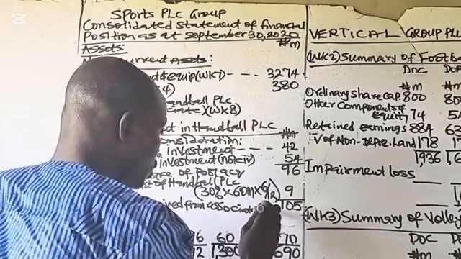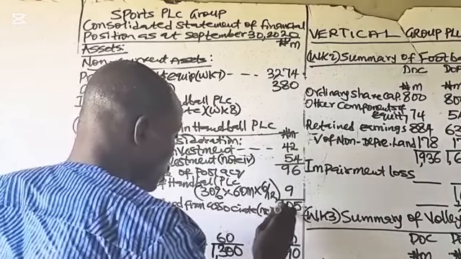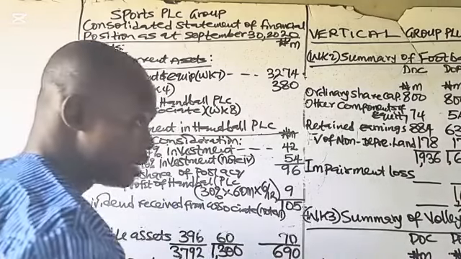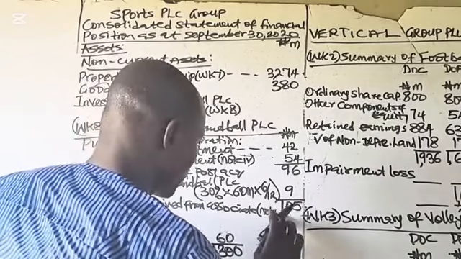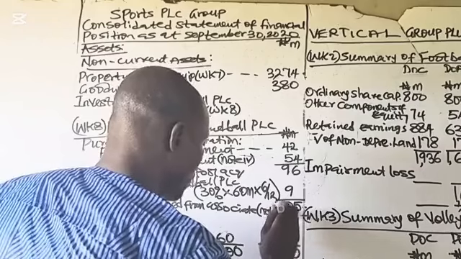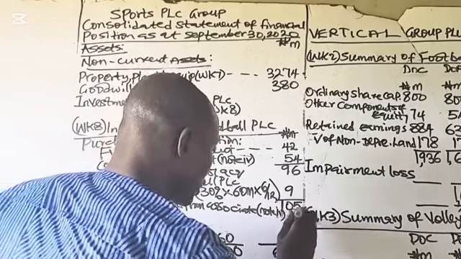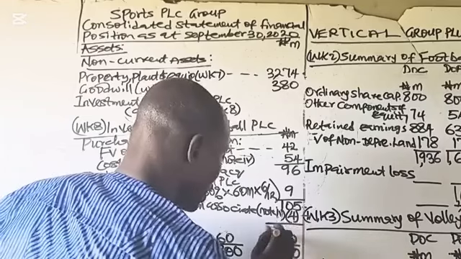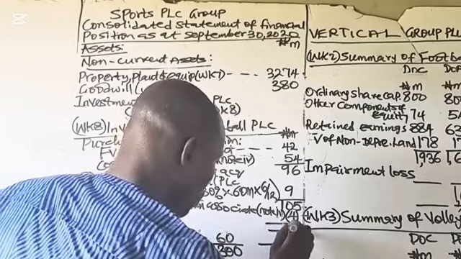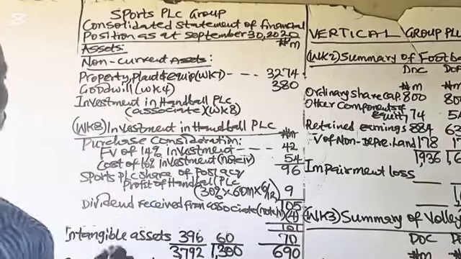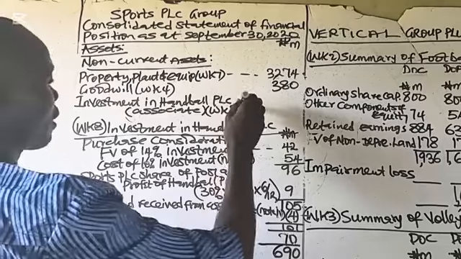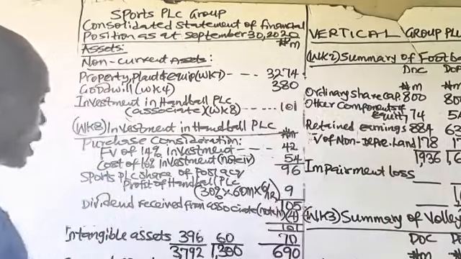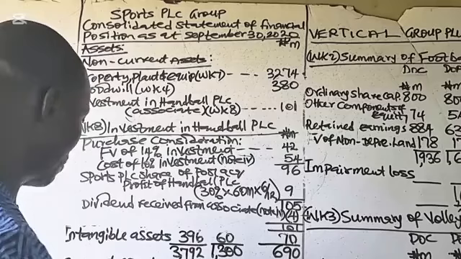That is additional information 4. So that dividend amounted to 4 million. If you deduct the 4 million from 105 million, you are left with 101 million. So investment in associates amounted to 101 million, and that will be recognized in the statement of financial position.